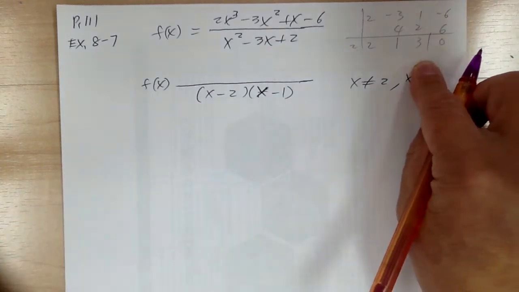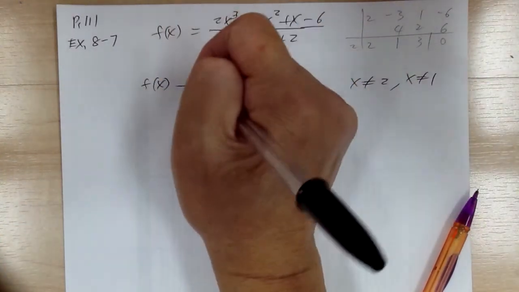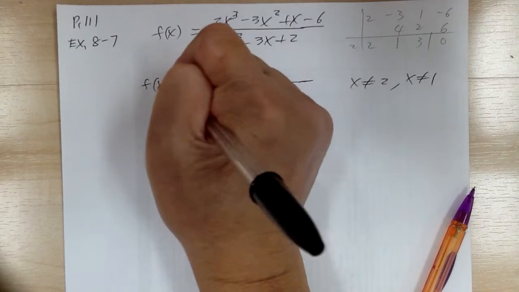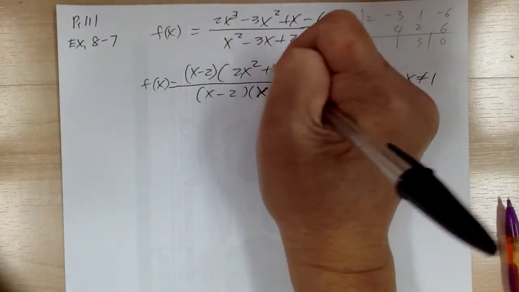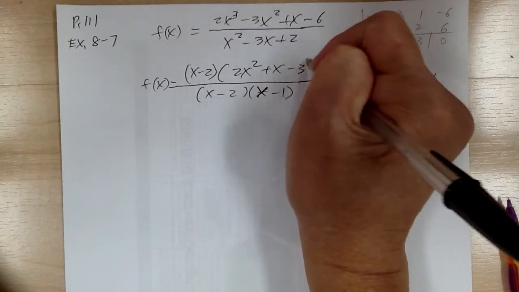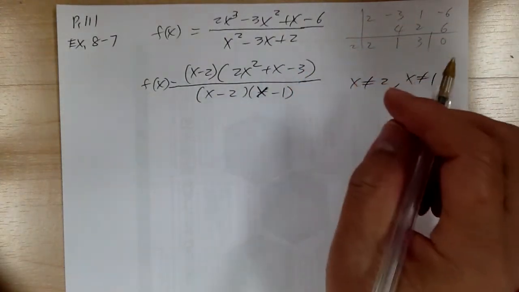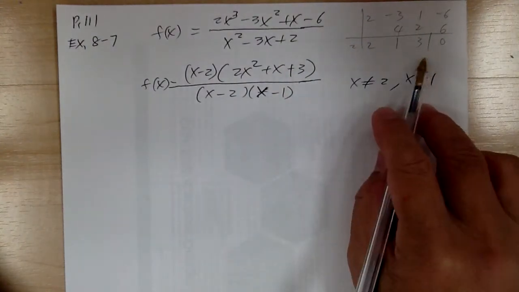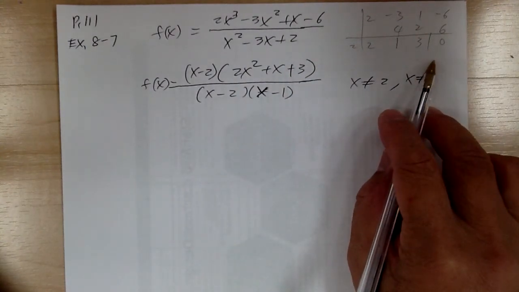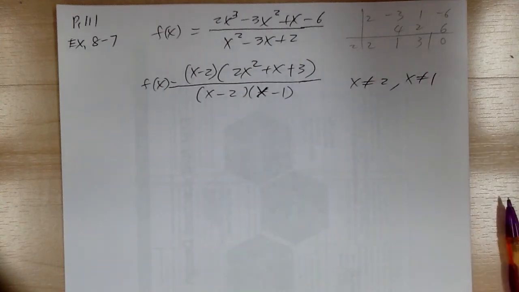So yes, this can factor. You're going to get x minus 2, and the other factor is 2x squared plus x plus 3. And if you try to factor these, it's not going to work anymore. So that's it.